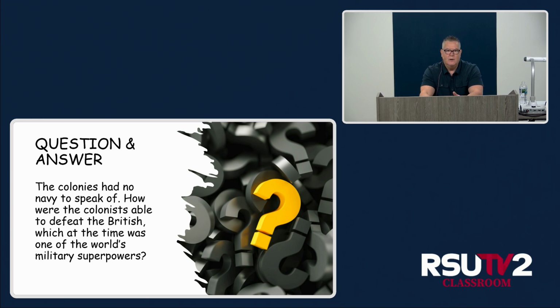In fact, the British then drove them out of Philadelphia. And what did the colonists do? They retreated into central Pennsylvania and set up winter camp in Valley Forge.